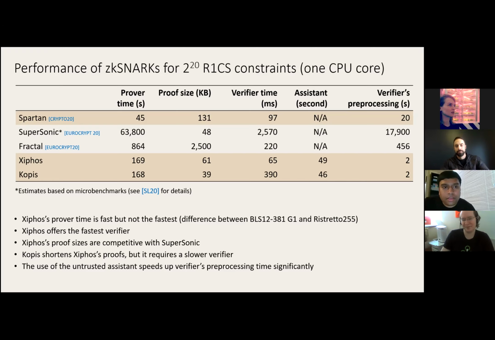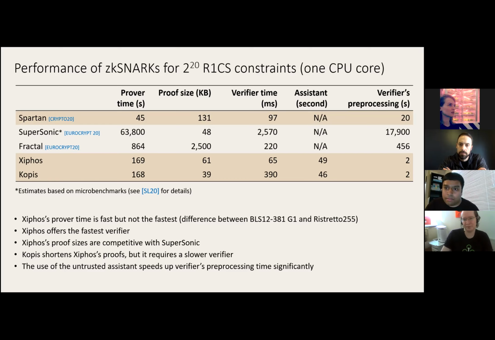Yeah, I think if you're worried about post-quantum security, some of this work could still be relevant, because as I mentioned, there are two components here. One is the IOP, which is information theoretically secure, so it's secure against quantum computers, and then there's the polynomial commitment scheme. There are ways to make a polynomial commitment scheme out of protocols like FRI or even the Ligero polynomial commitment scheme that you can combine with this IOP to get a post-quantum secure SNARK.